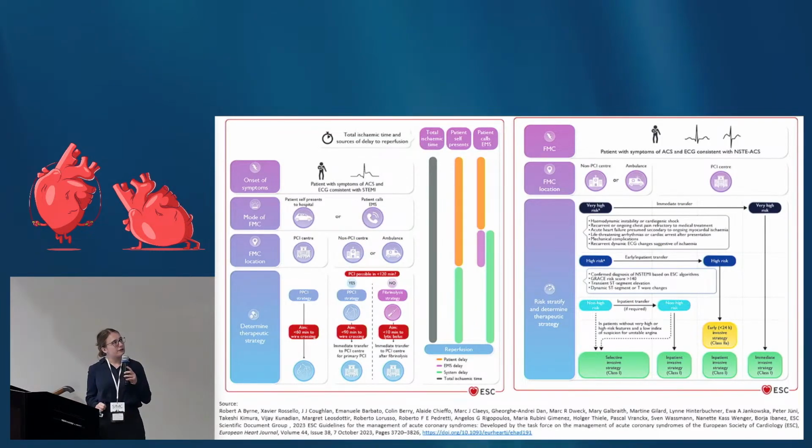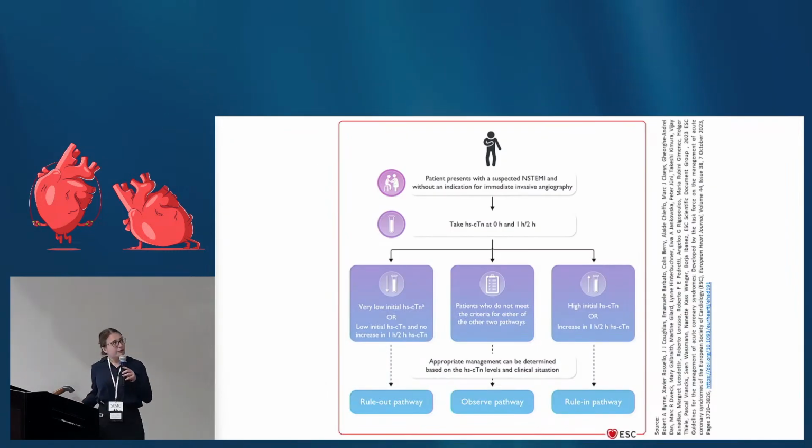This line of thinking is reflected in the guidelines of the ACC: STEMI patients are directed to revascularization ASAP, while in NSTEMI patients we evaluate the risk and wait for troponins, which can take up to 2 hours.